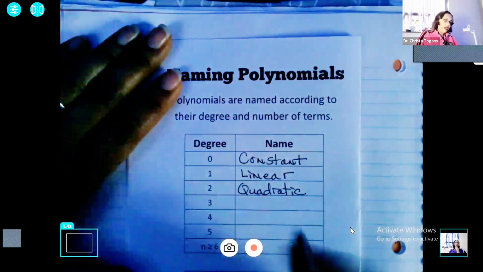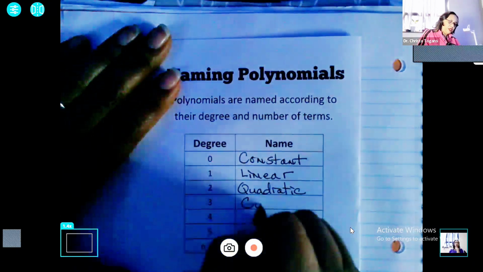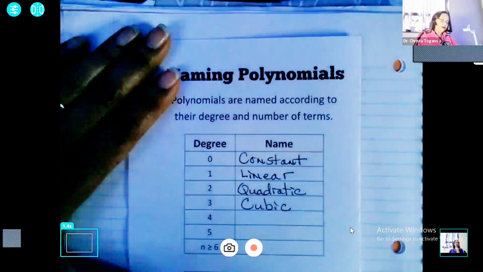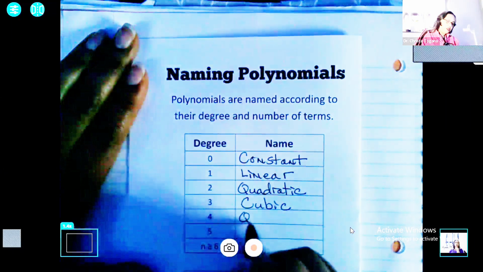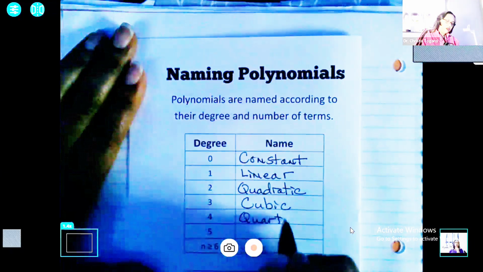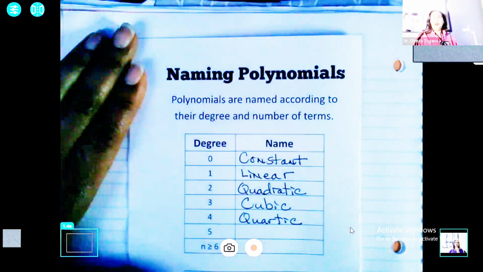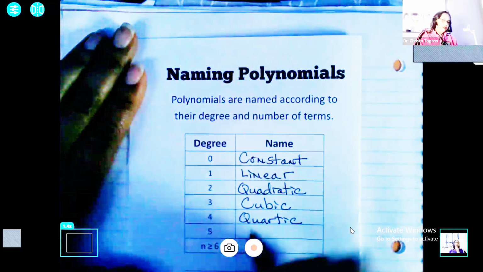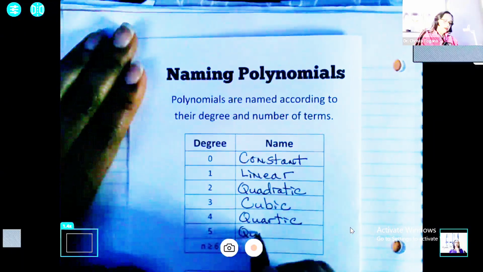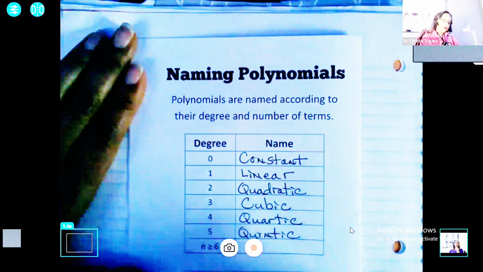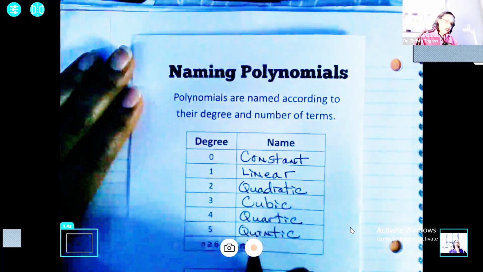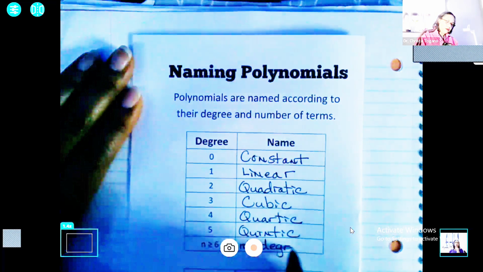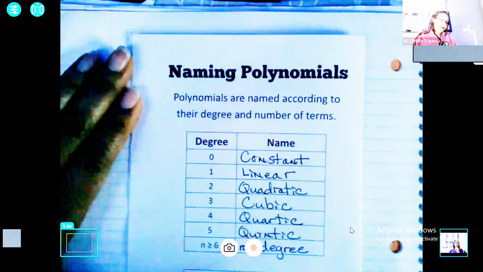With 3, that would be cubic, a cubic type function. With the 4th power would be quartic. We don't do a lot of functions like that in Algebra 2, but with 5, there would be quintic. And with anything greater than 6 would be nth degree. Sorry, I write kind of big.